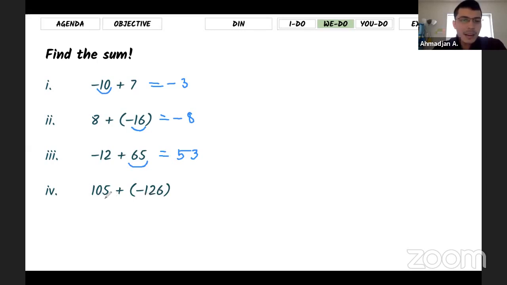So the bigger number is 126. Yes, negative, because your bigger number is 126 and the sign will be negative. So what do you think the result would be? Yes, it is negative. Thank you.